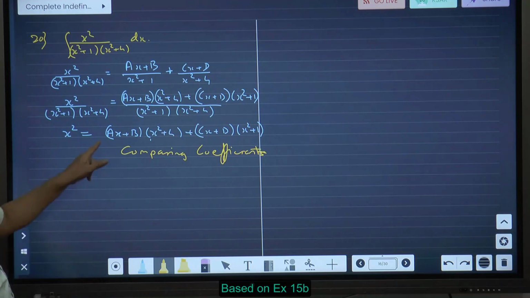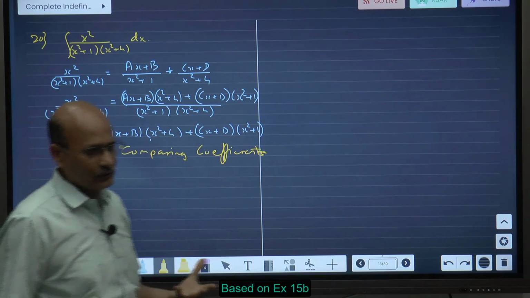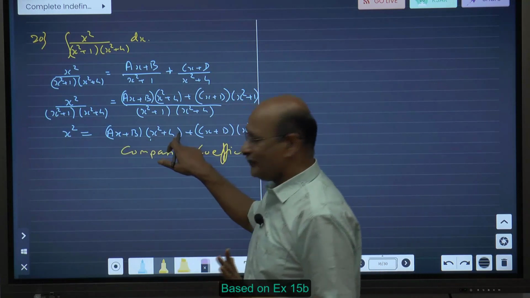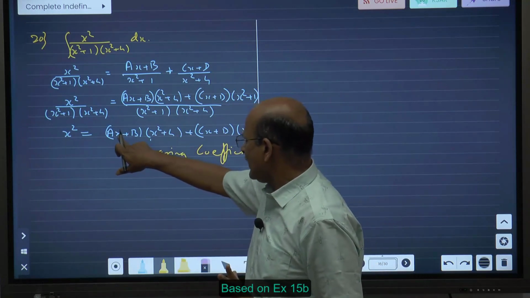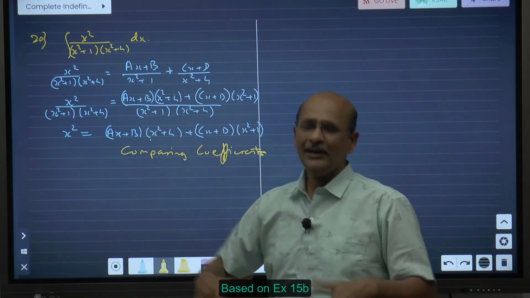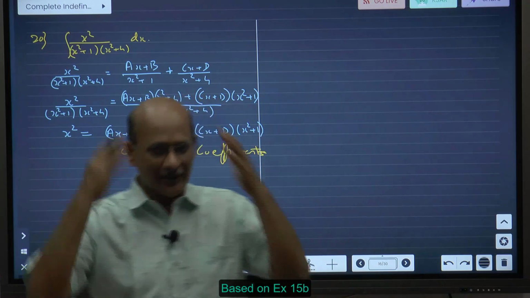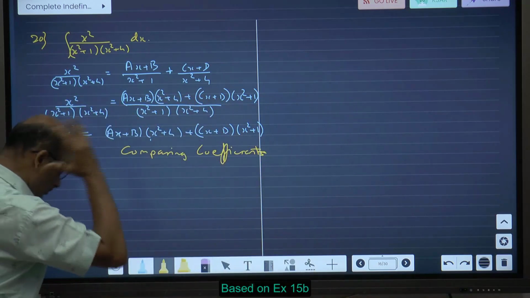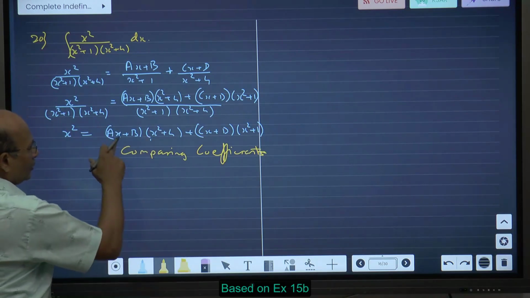Normally the method is: find a, b, c by hook or crook. If I open up, what is the maximum power you get? x into x square will be x cube. So normally they say open up and then do it. But I say that we are all mature enough, we can mentally work it out that way. Instead of opening, you can just visualize mentally and do it. So x into x square.